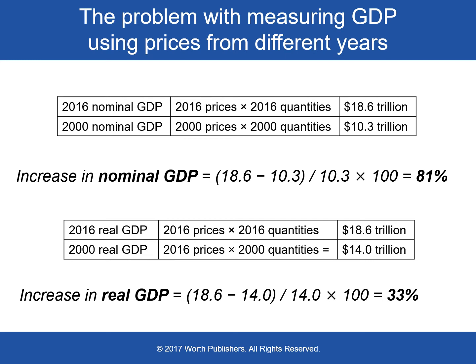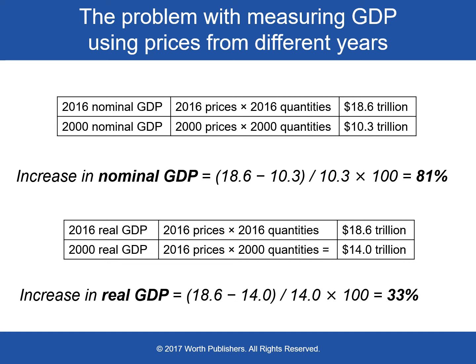So the top row here shows a straightforward situation of nominal GDP. 2016 GDP was measured by taking 2016 prices and applying those to the quantities of the things that were produced in 2016, and that gives a number of 18.6 trillion. So that's what we call a nominal GDP measure.